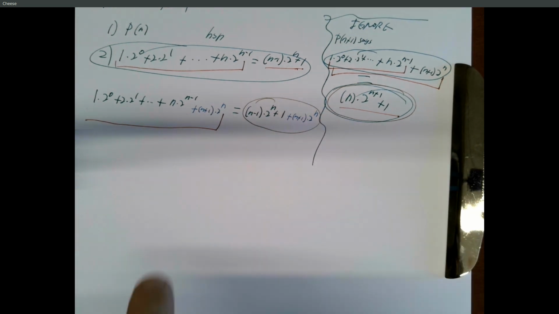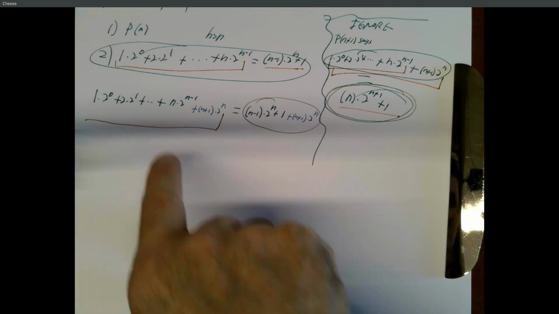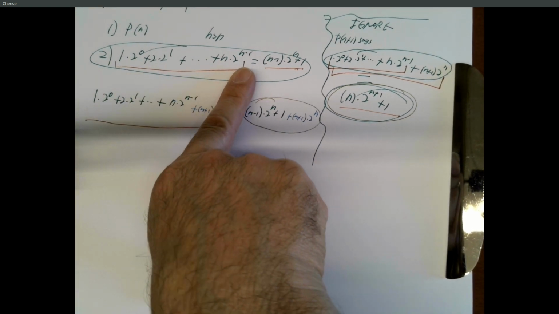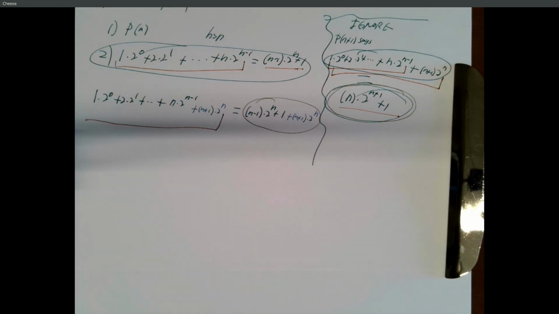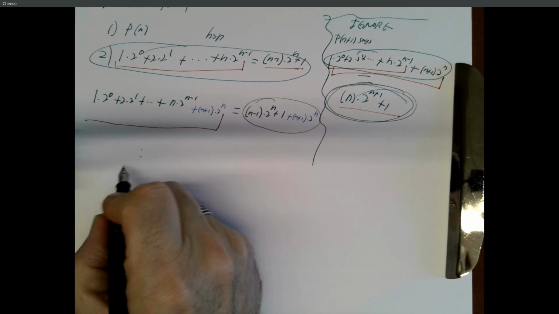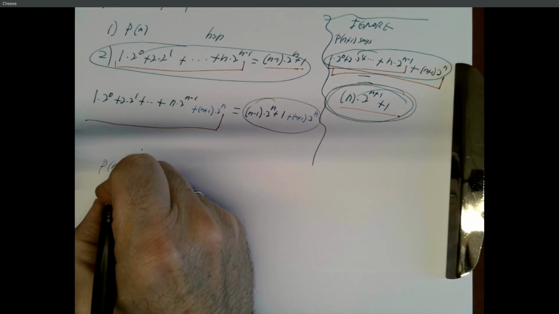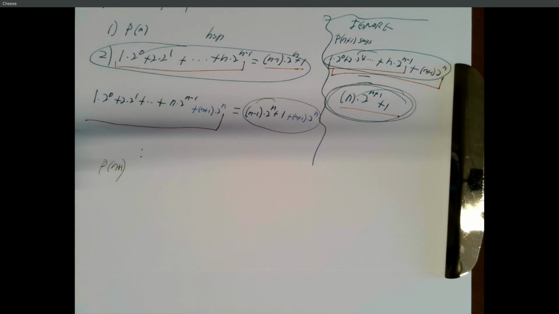The critical part is basically stating the proposition, stating the base case, showing the base case is true, stating P of n, what it is, and then there's this bridge to cross where you turn this into something else that eventually lets you say P of n plus 1, and then you're done.